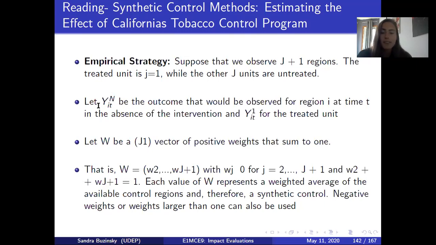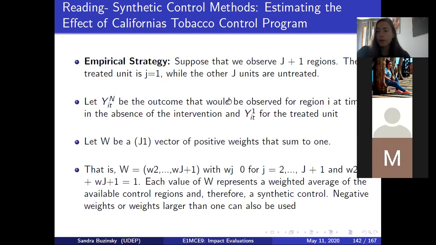And then we have Y^1_it, which is the potential outcome which the treated unit observed. These are both our post-period outcomes, so these are the effects we're really interested in. Obviously, we need to estimate this because we're using a synthetic control, so we don't observe it. So this is what we're going to estimate.